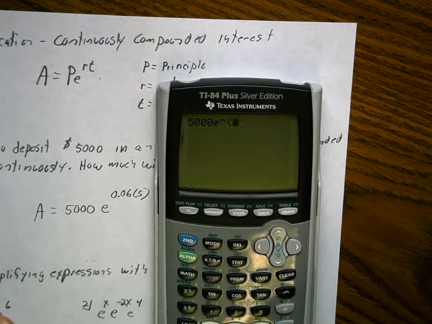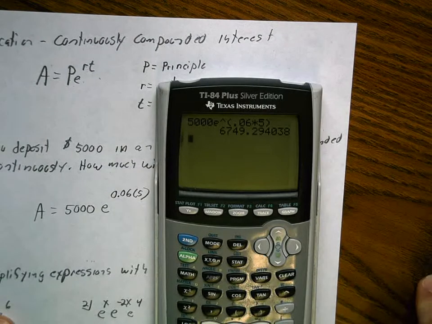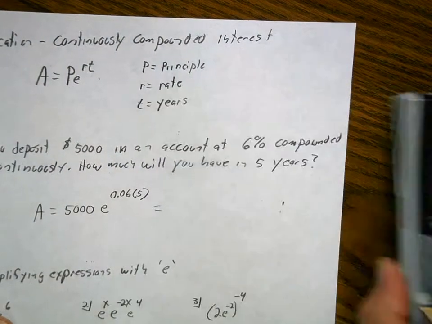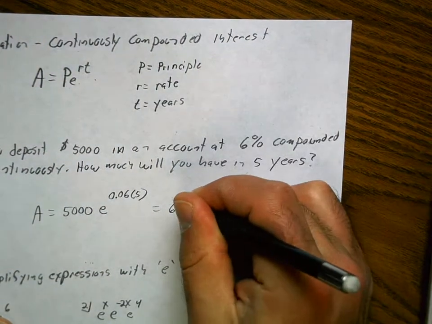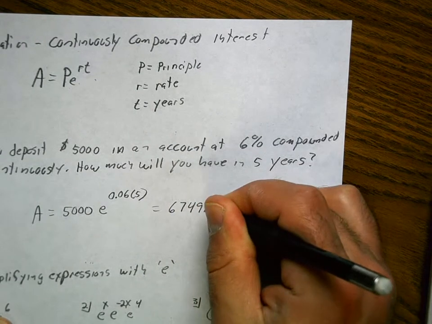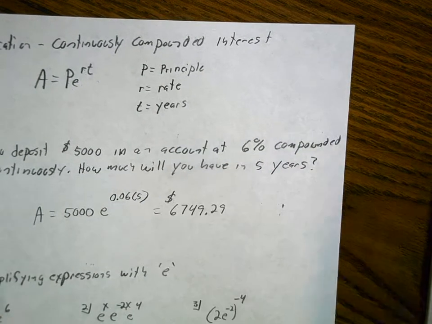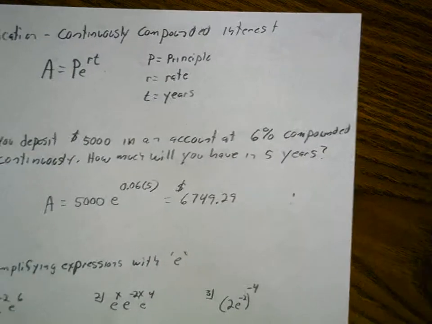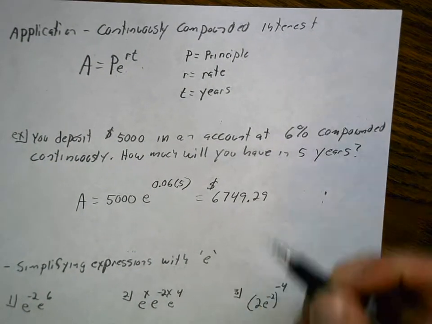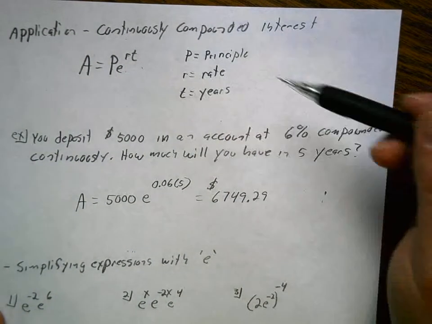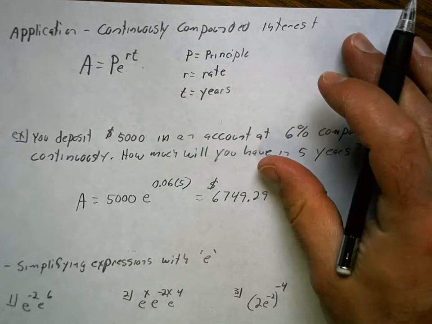So I'm going to go e to the 0.06 times 5. And I get 6749.29, so $6,749.29. It's a real simple plug-in formula. We can just plug numbers in and get our answer there.